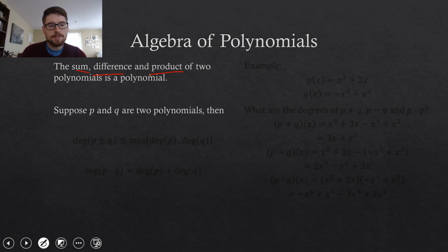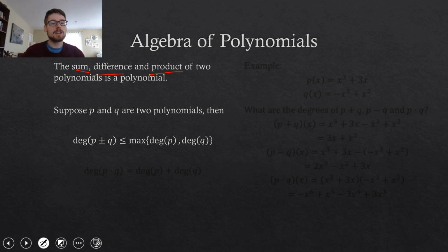And then a couple of things to be mindful about is what happens to the degree of these sums, differences, and products. Well, the sum or difference couldn't just lower the degree. It's not going to make the degree bigger. And that's kind of counterintuitive. You think, well, I'm adding two polynomials together, then my degree should get bigger, but that's not the case.